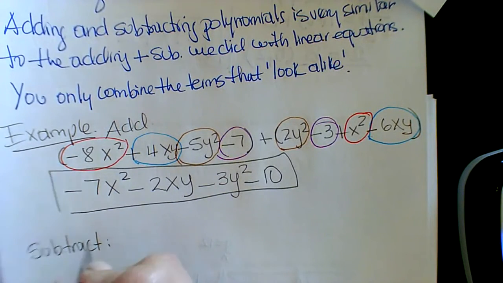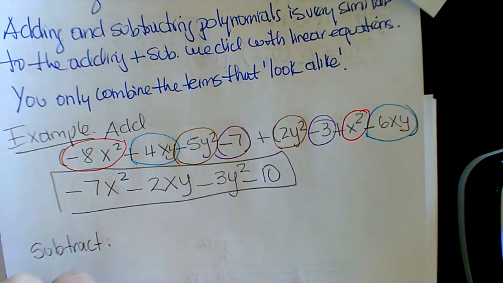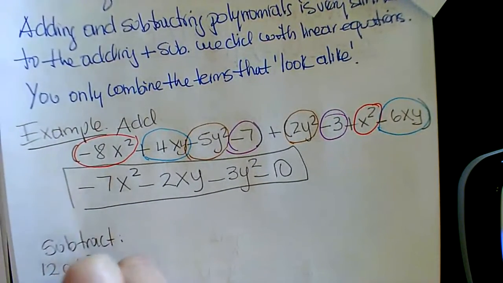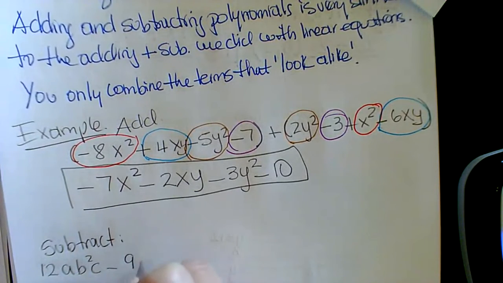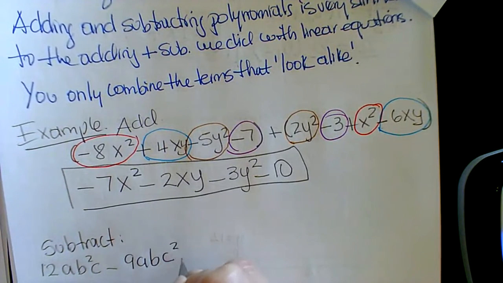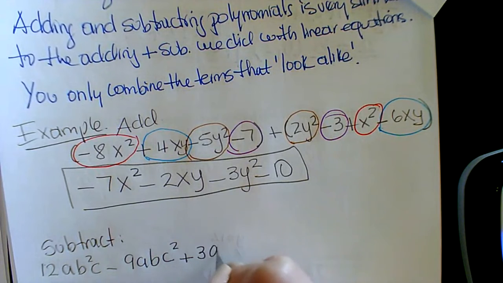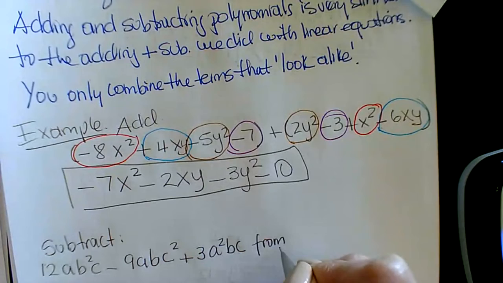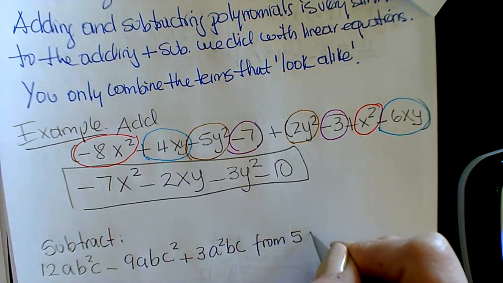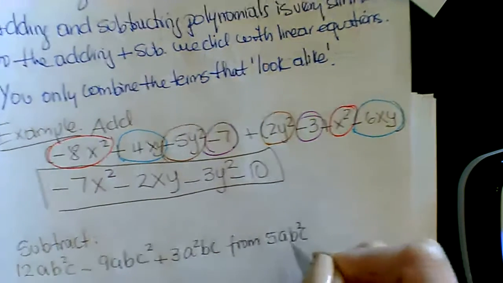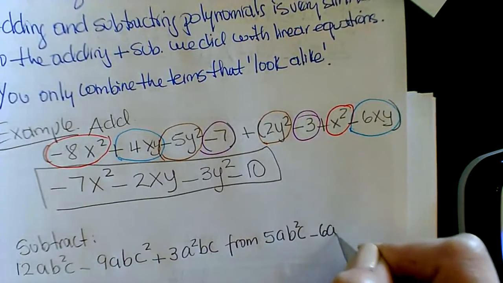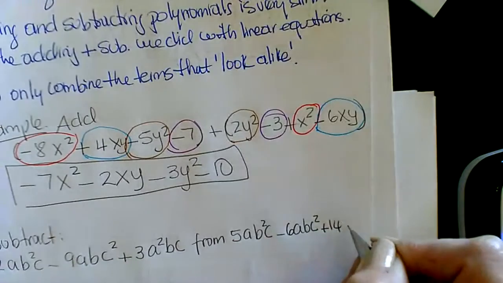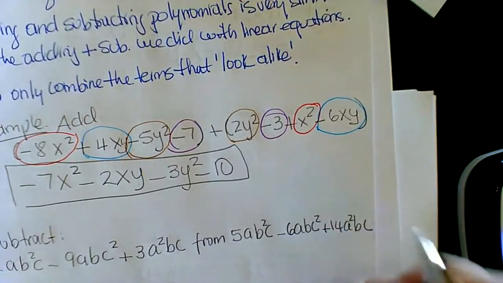And it says 12ab squared c minus 9 from 5 plus 14 a squared bc.